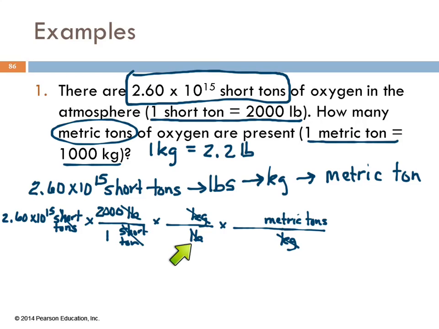Kilograms and pounds. How many kilograms? 1. I'm going to put a 1 in front of the kilograms. How many pounds? 2.2. Metric tons and kilograms. We were told 1 metric ton, 1,000 kilograms. So I put the 1 in front of the metric ton, and I put the 1,000 in front of the kilograms.